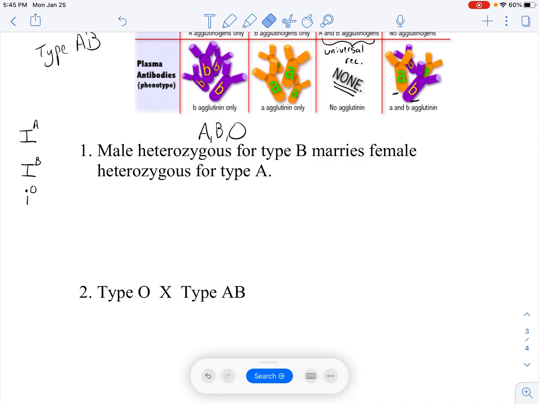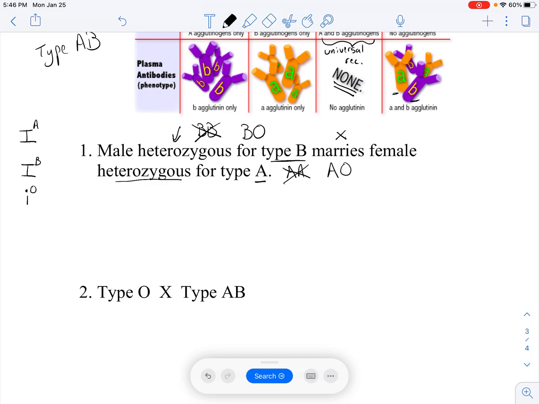So in order to solve these problems, we have to read what they say. A male who's heterozygous for type B. Okay, if he's heterozygous, he's not BB. He has type B blood, but he must be BO. And he marries a female who's heterozygous for type A. Well, again, she can't be AA because that would be homozygous.